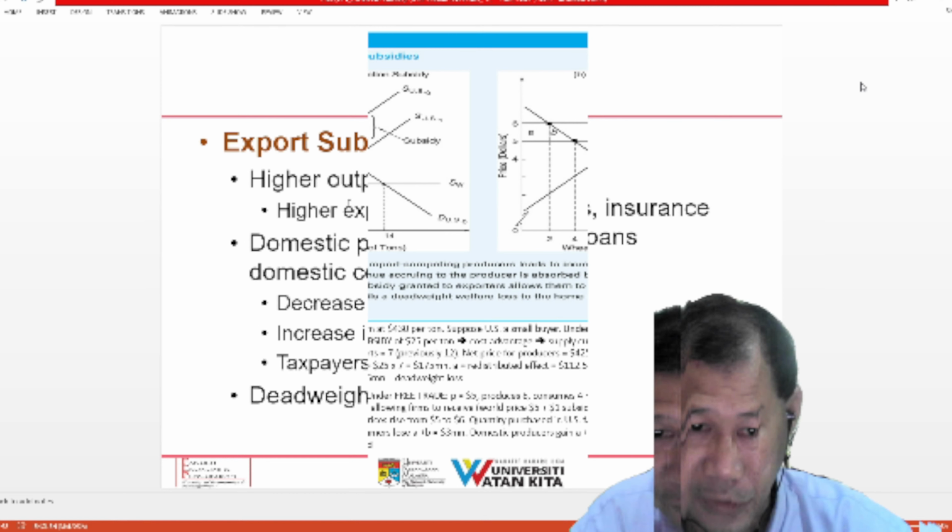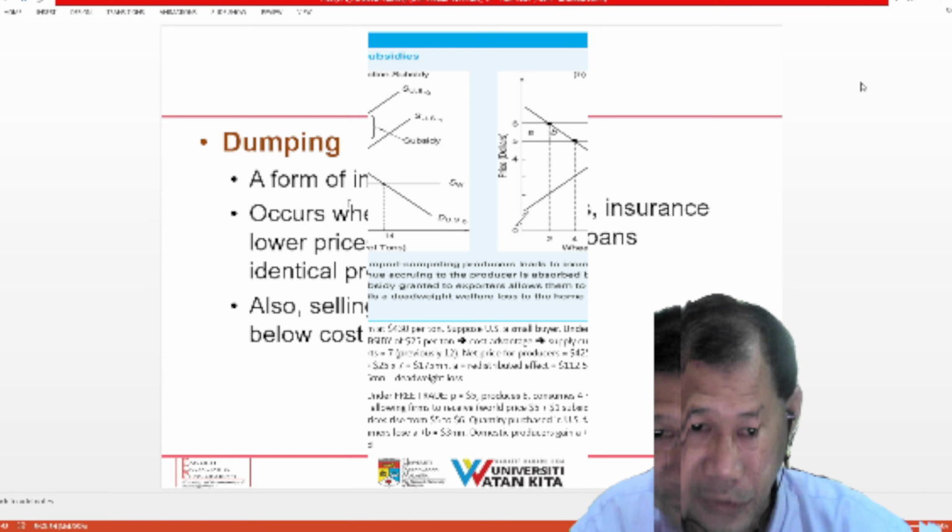Higher output and prices for exporters, higher export, lower domestic consumption. Domestic producers gain at the expense of domestic consumers and taxpayers. Decrease in consumer surplus, increase in producer surplus, taxpayers bear cost of export subsidy, and deadweight loss. So really this doesn't tell you much. Let's go to the graph.